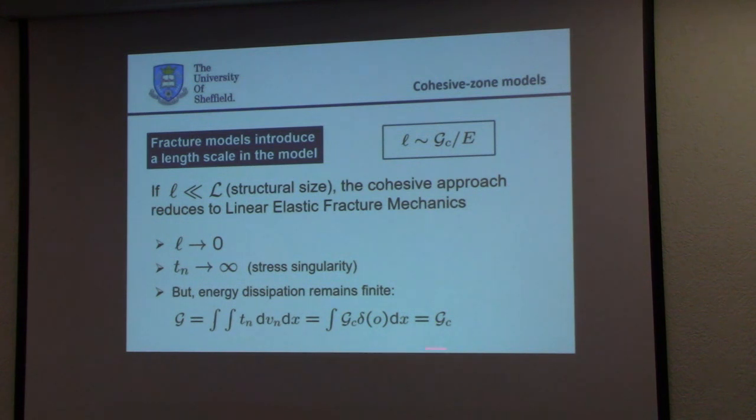GC is a little bit ambiguous. In linear elastic fracture mechanics, it's principally just the energy dissipated in fracture, to open the crack. In cohesive zone models, it also includes some of the energy that is dissipated in the other processes, the inelastic ones.